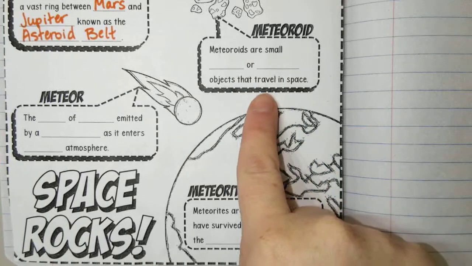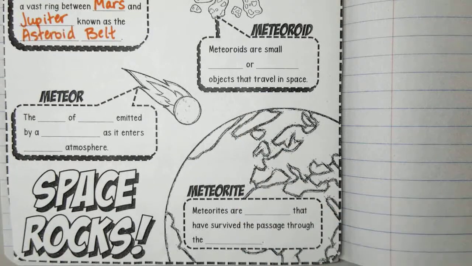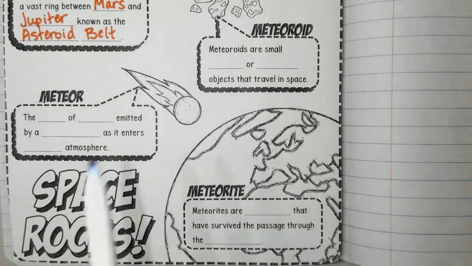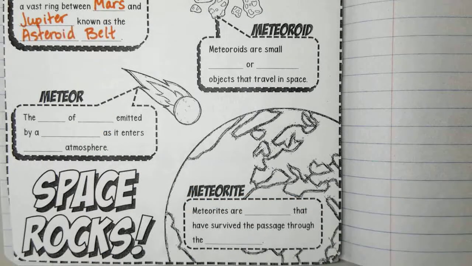If we start over here with meteoroid, meteoroids are smaller than asteroids, although they're still rocky objects. They're like pieces of rock. Again, not quite as big as the asteroid. And they are just traveling in space.